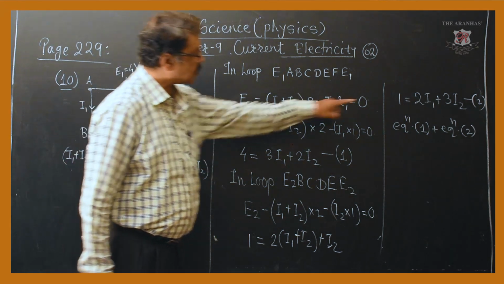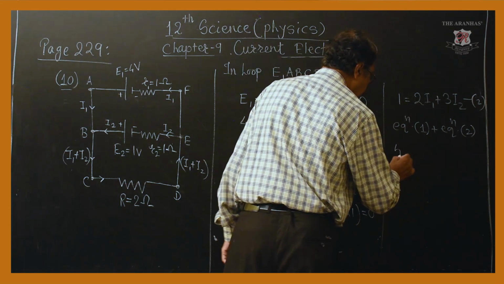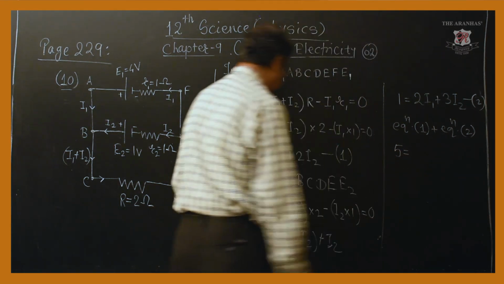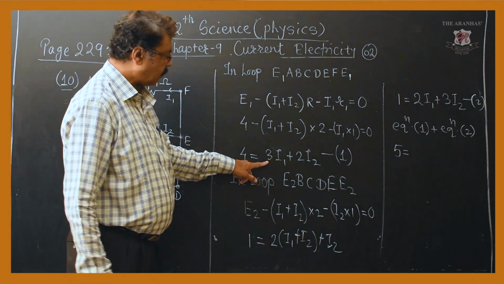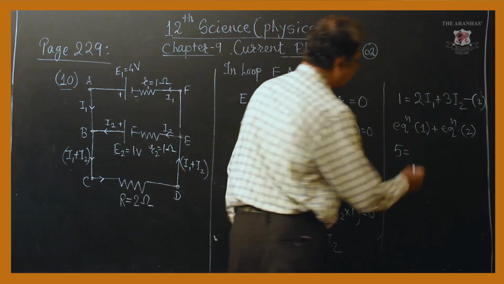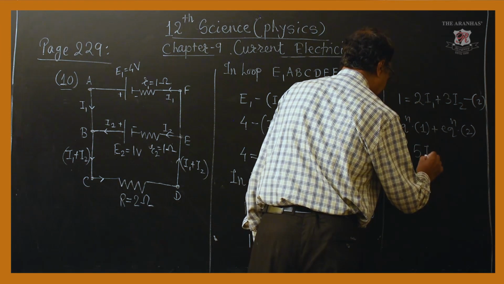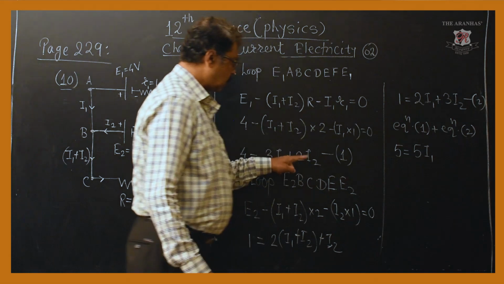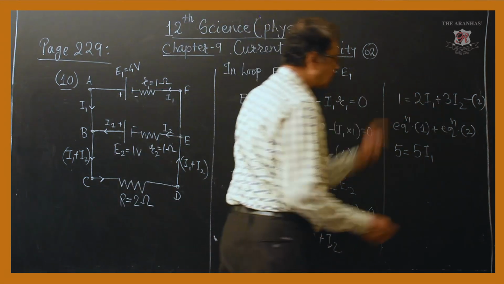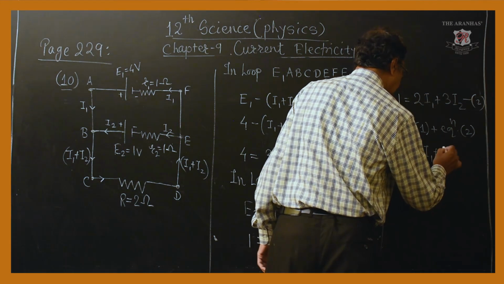4 plus 1, 5, equal to. Here 3I1 plus 2I1, 5I1. 2I2 plus 3I2, 5I2.